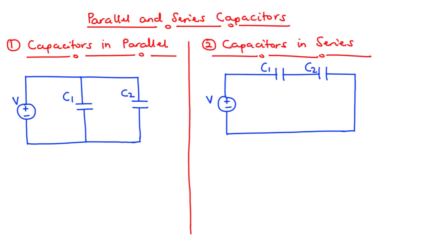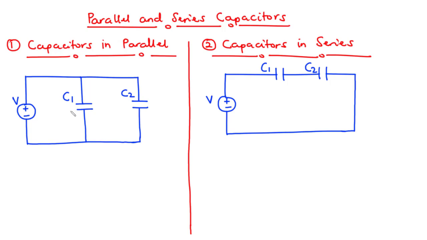Let's start off with capacitors in parallel. Suppose that we have two capacitors, C1 and C2, connected in parallel, and then we have a source voltage V connected across each of the two capacitors.